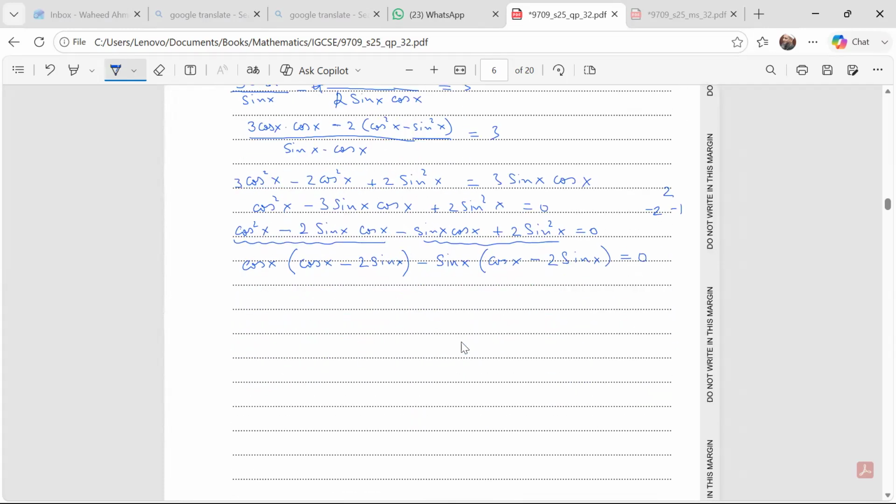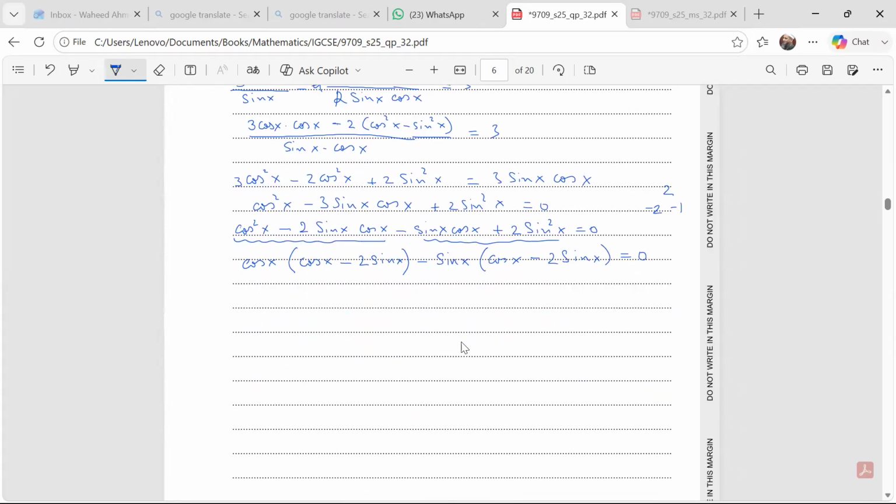No problem. So you can see that I can take this whole bracket cos x minus 2 sine x common from both terms, and inside will be cos x minus sine x equals 0. So I have two terms. One is cos x minus 2 sine x is 0.